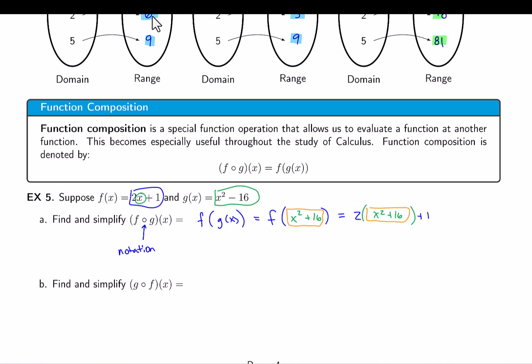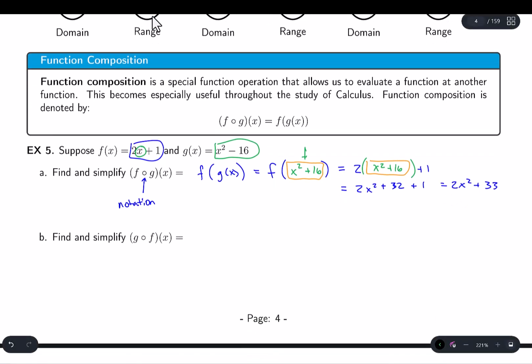Every x that you have gets replaced with whatever you put inside these parentheses. So this would be 2x squared, after I distribute the 2, plus 32 plus 1, so 2x squared plus 33. And that's the composition of those two functions.